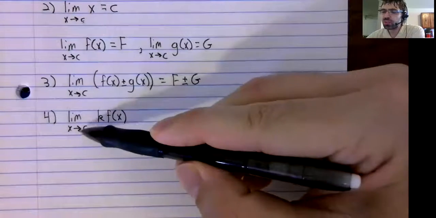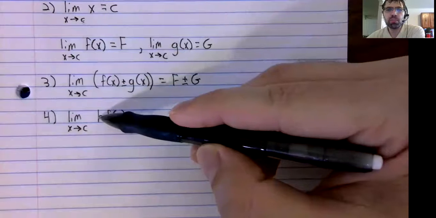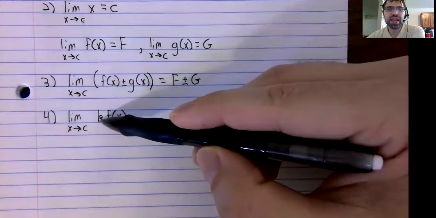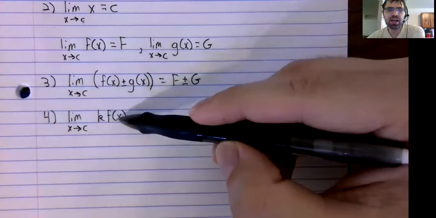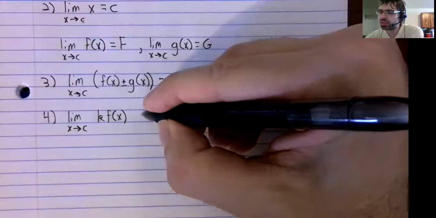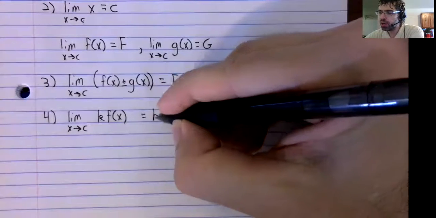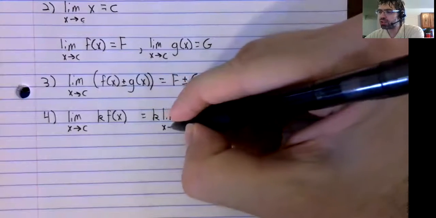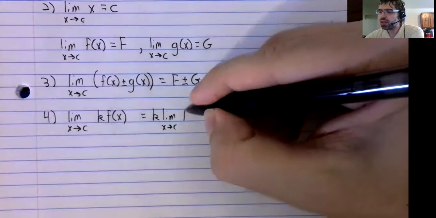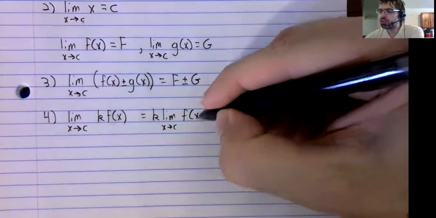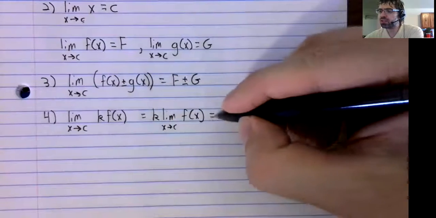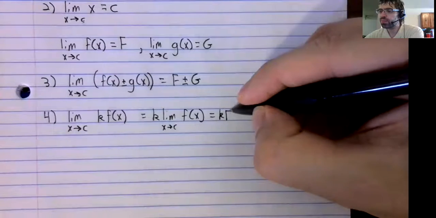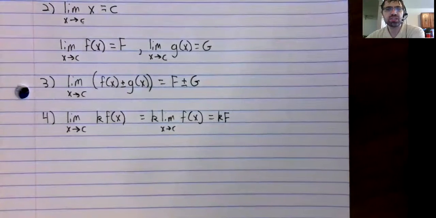The limit as x approaches c of some constant k times the function, we can pull constants out of limits, like so.